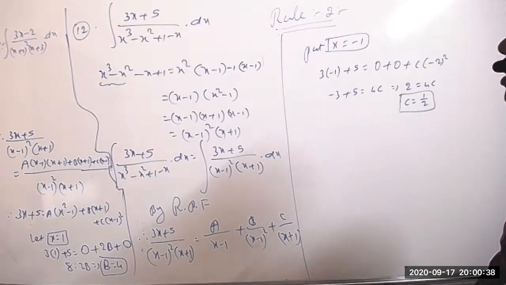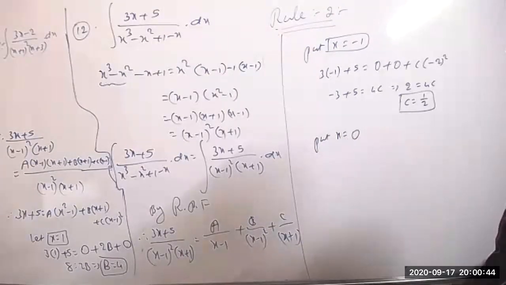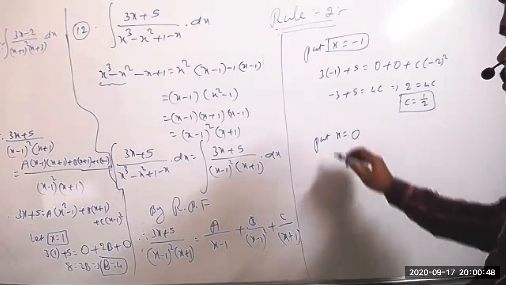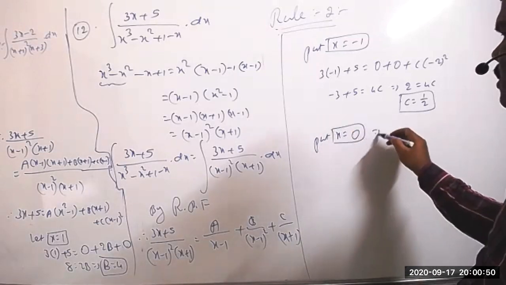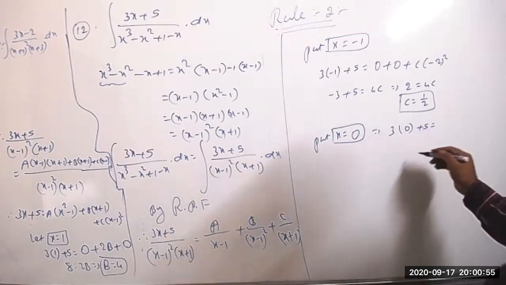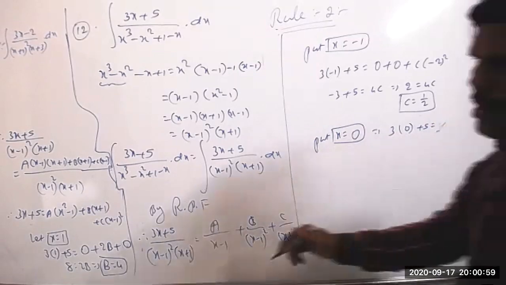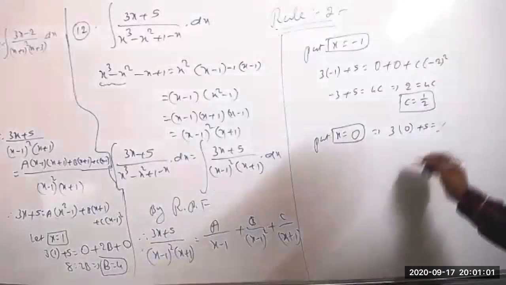Next, put x equal to 0. Then what are we getting? 3 into 0 plus 5 is equal to, a into 0 square minus 1, which is minus 1 only.